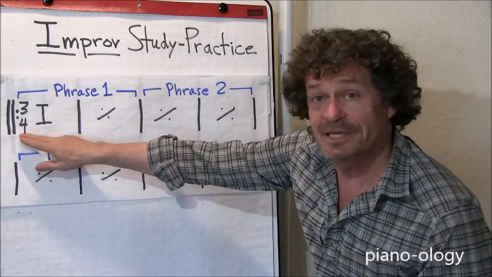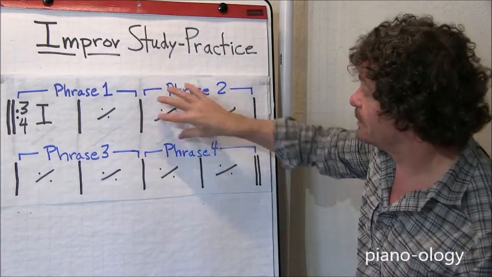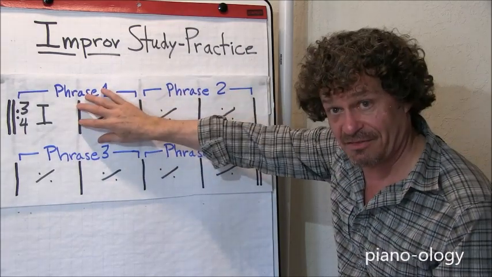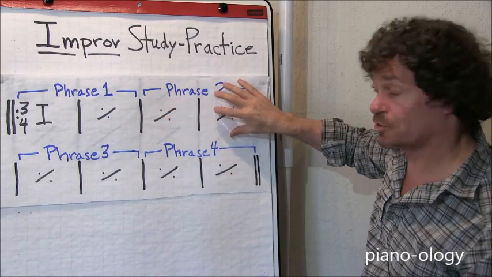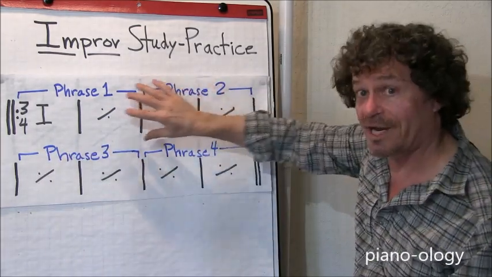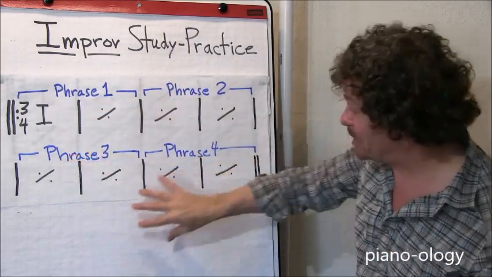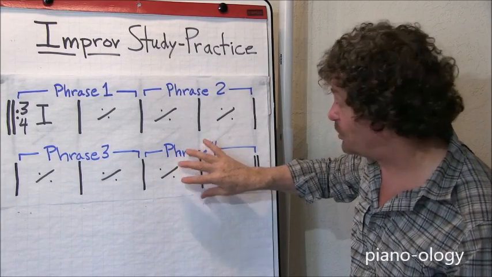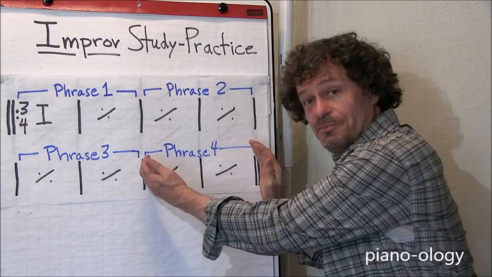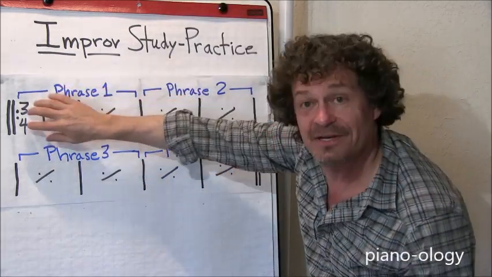Let's play a 2-bar phrase, present a theme or an idea, then let's play a second phrase that relates musically to that first phrase, and then also sets the stage for a third phrase, which also relates in some artistic musical way to phrases 1 and 2, and then sets up a fourth phrase, which relates to the previous 3 phrases, and either brings the music to a close or itself sets up a return for the repeat.